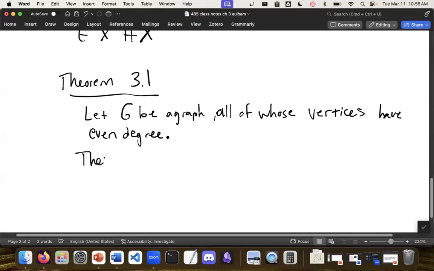And then, the book splits this up into multiple steps.